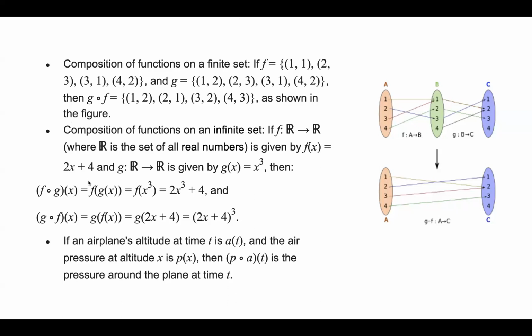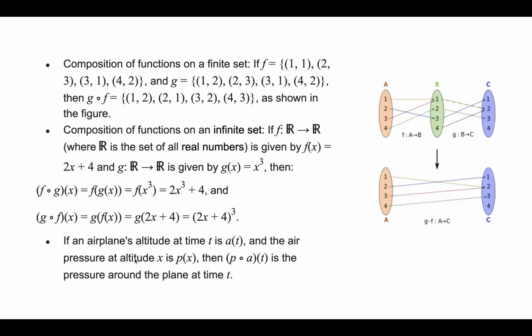So we'll proceed. If an airplane's altitude, in this example, at time t is a of t, and the air pressure at altitude x is p of x, then p composite a of t is the pressure around the plane at time t. This shows how composition of functions is used in physics.